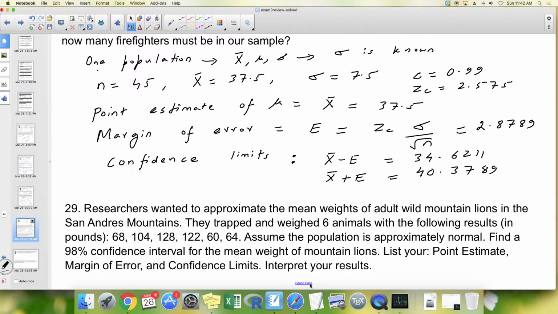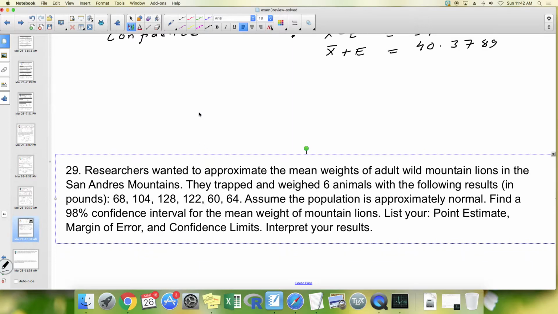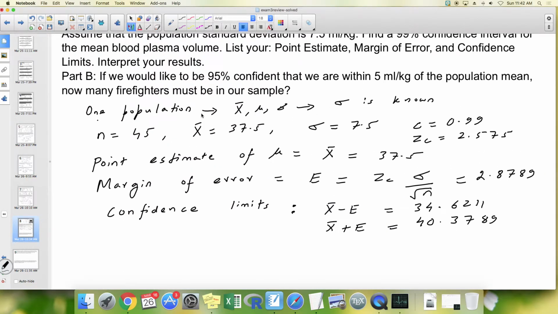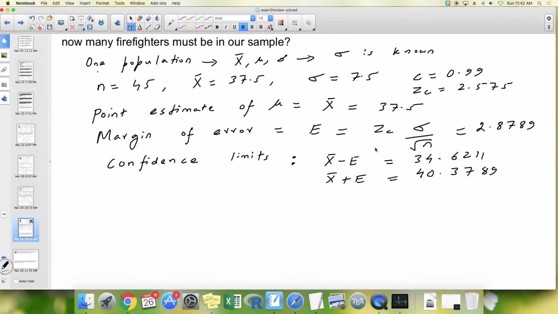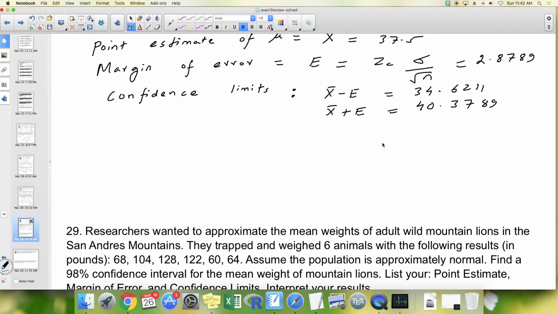Finally, there is a part B to this question, which asks if we would like a 95% CI within 5 ml per kg of the population mean, how many firefighters must be in our sample? So for part B, C equals 0.95.